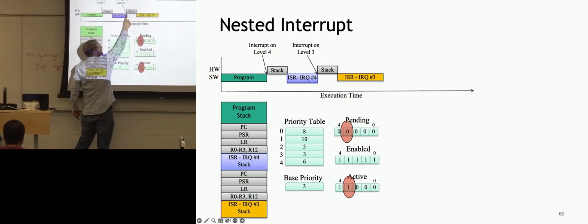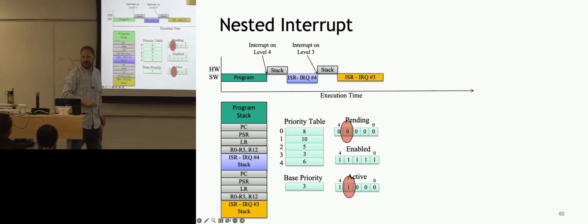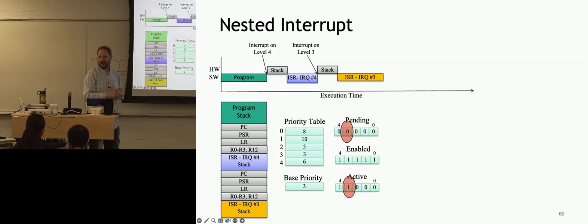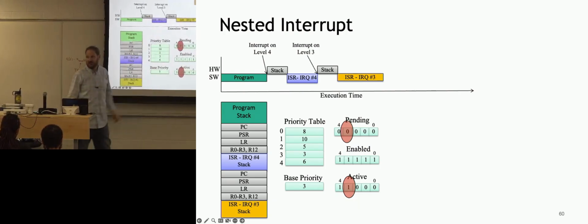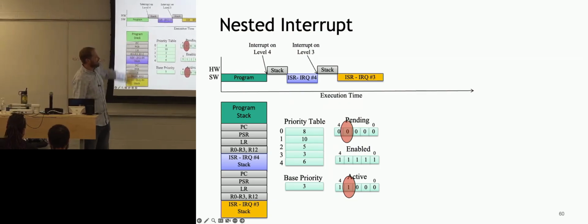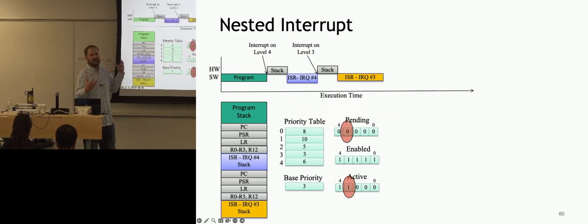PC is going to push back to the location where it got left off. So unstacking does everything required to put us back into IRQ4. That way, there's no state-holding device other than the stack that has any record of how many interrupts deep you are. You could be 20 interrupts deep, right?